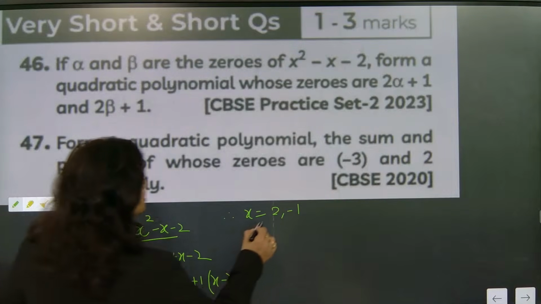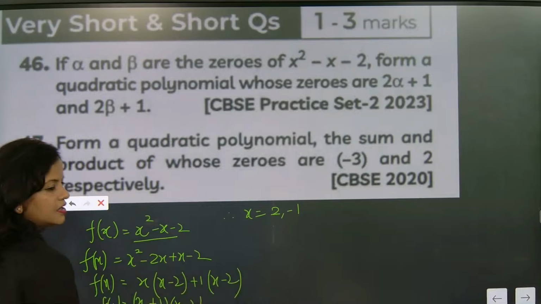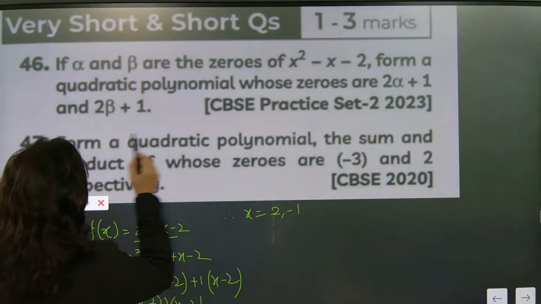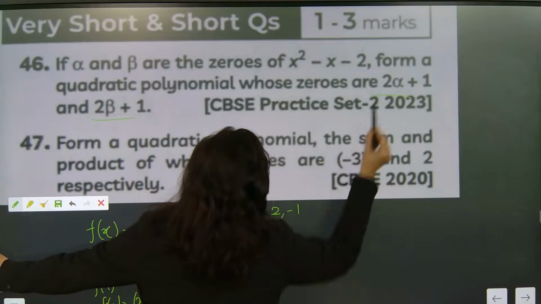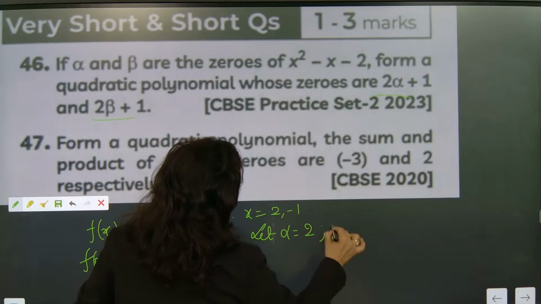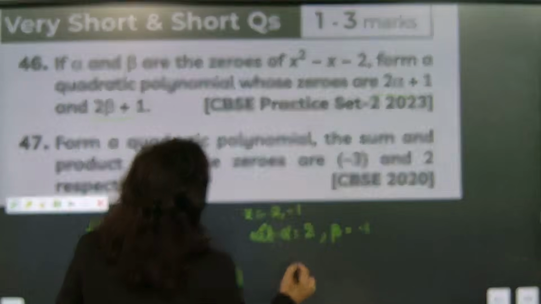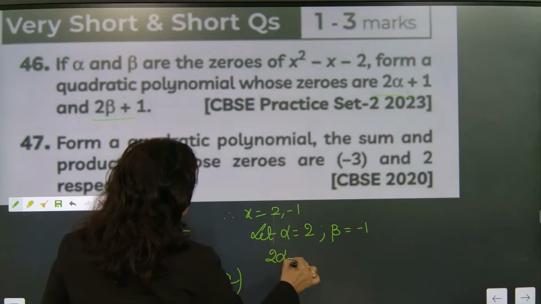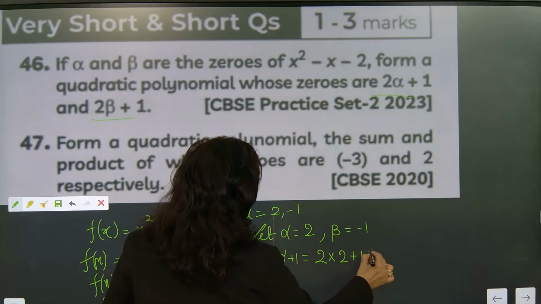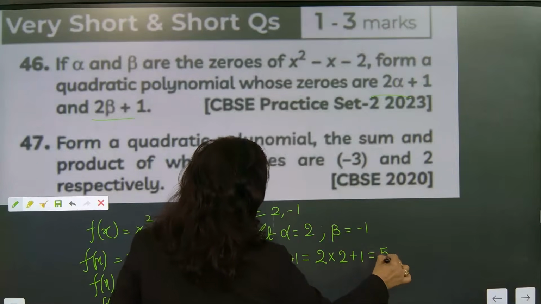Understood? So x is equal to 2 and minus 1. Now we are going to find alpha plus beta, because they are telling another zero, and these are the two zeros. So we will write: let alpha is equal to 2 and beta is equal to minus 1. Here 2 alpha plus 1 is equal to 2 into 2 plus 1, the value is coming as 5.